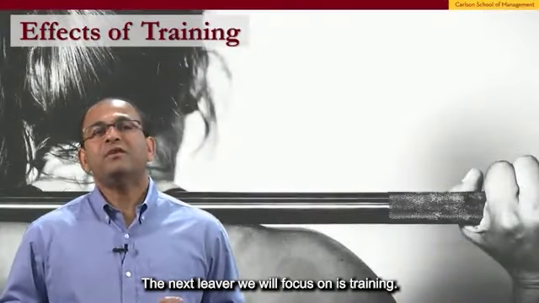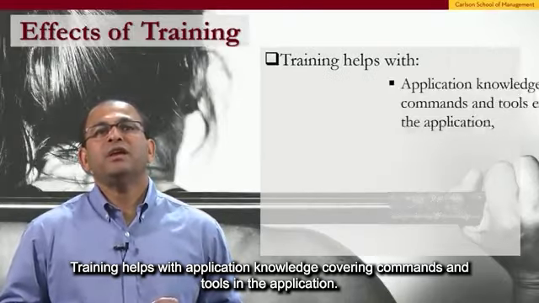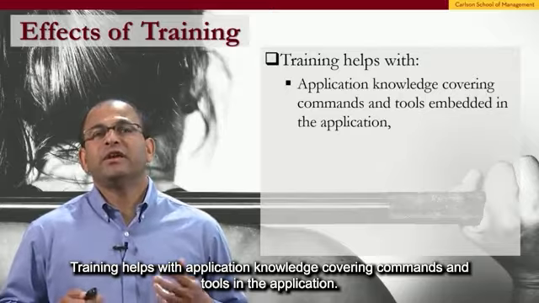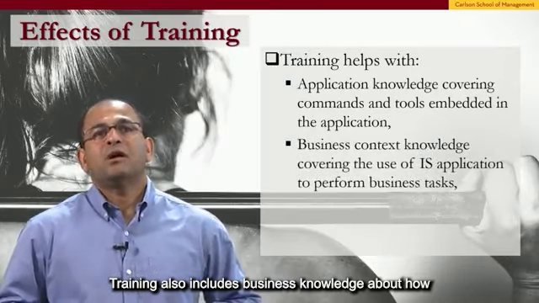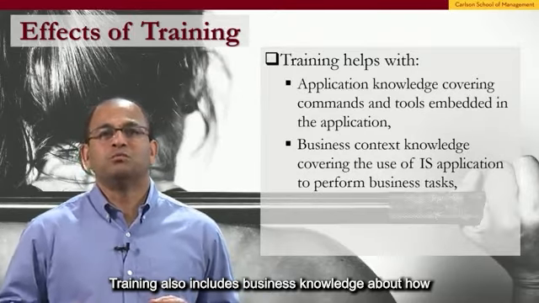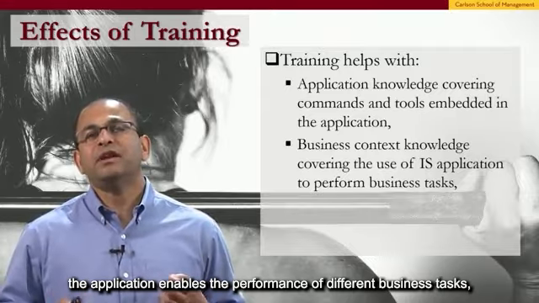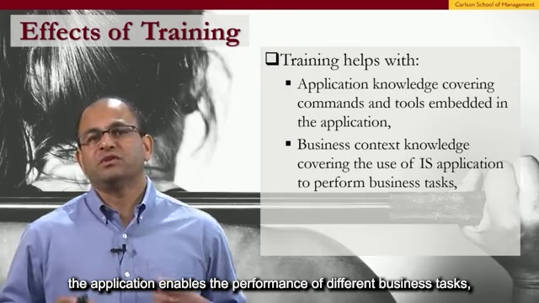The next lever we will focus on is training. Training helps with application knowledge covering commands and tools in the application. Training also includes business knowledge about how the application enables the performance of different business tasks.